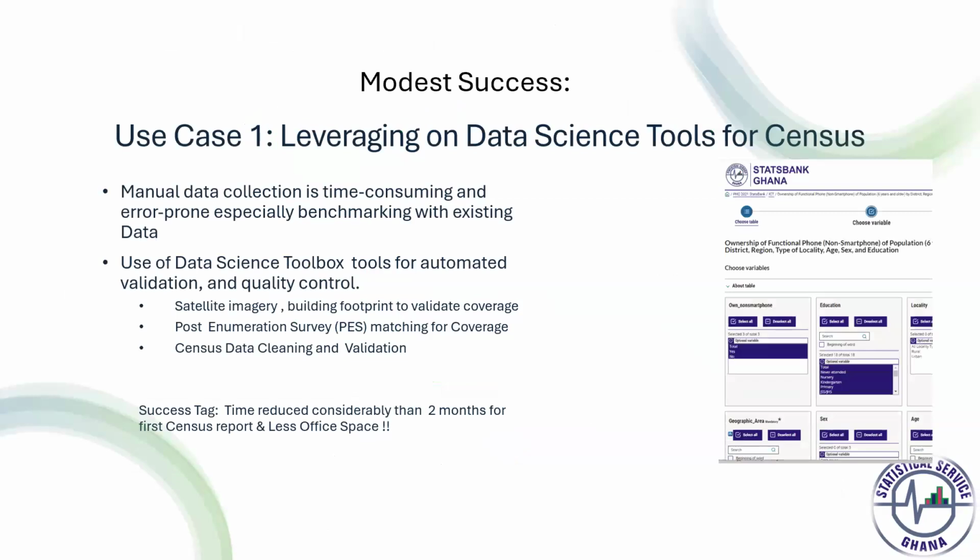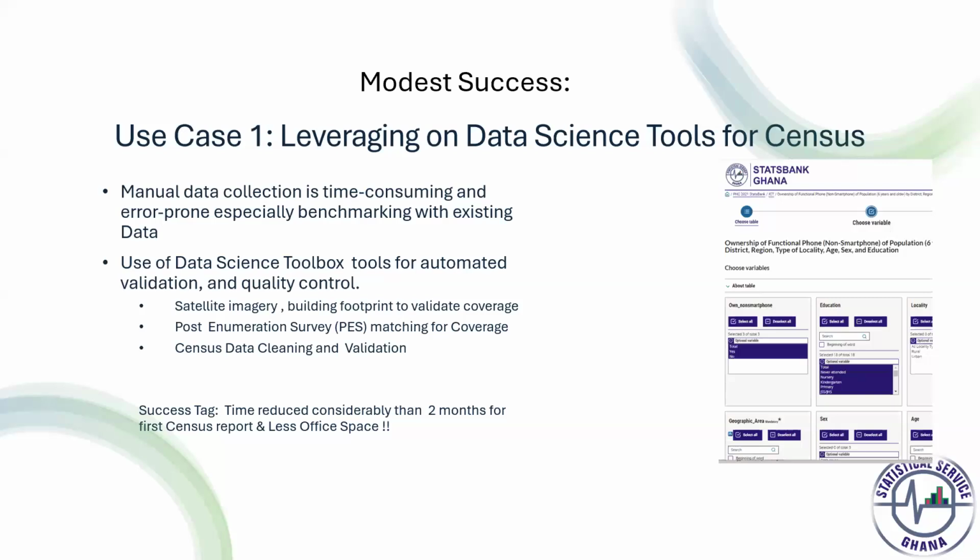So, as an institution, prior to the census we leveraged satellite imagery, using building footprints to validate and even predict the areas of difficulty and the workload ahead. We also used machine learning tools to do the matching. Our success story was considerably reducing the time of processing the census, and we were able to produce census results in the shortest possible time post-census.